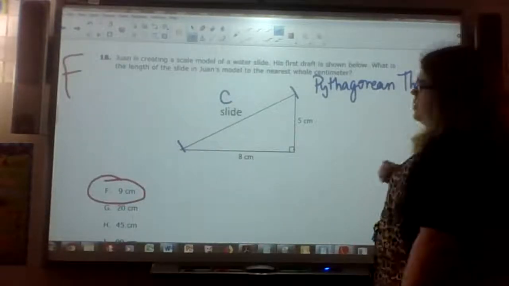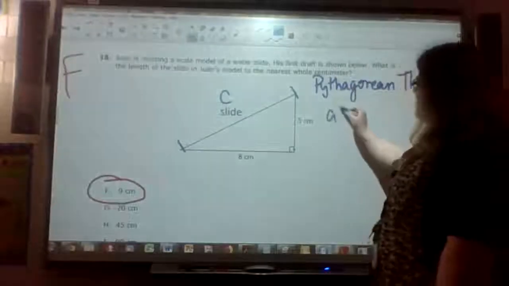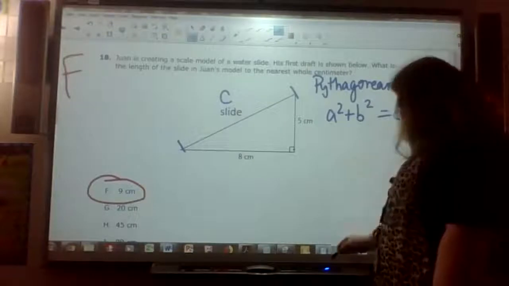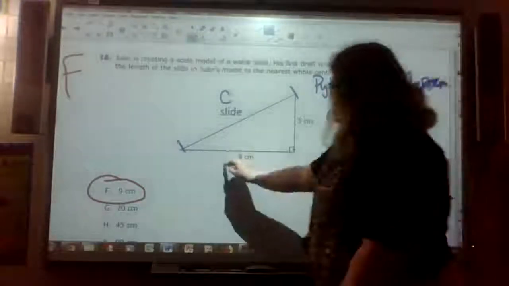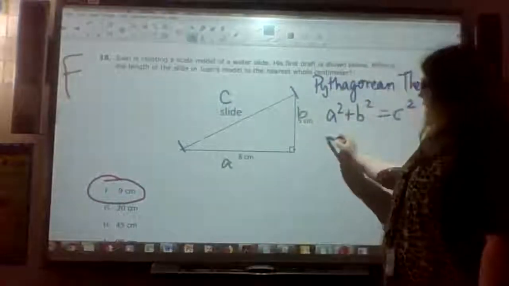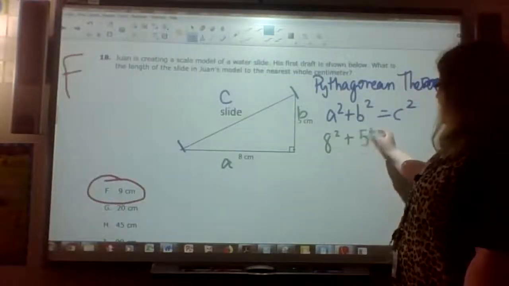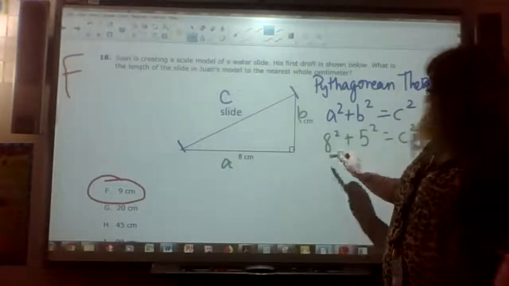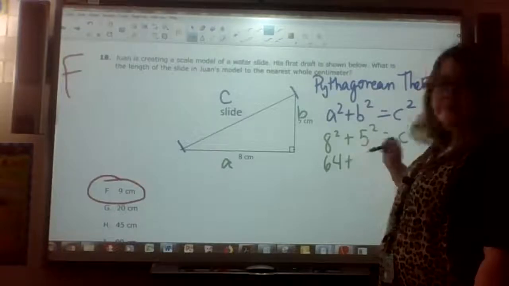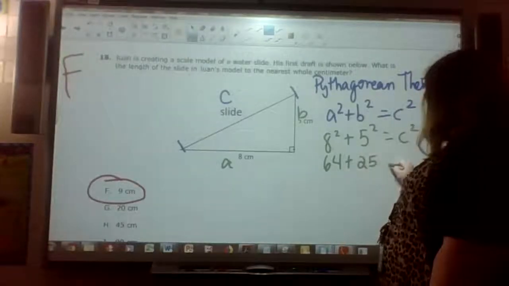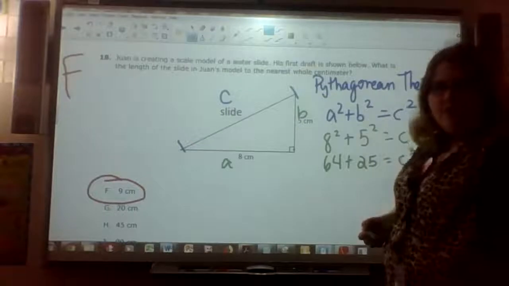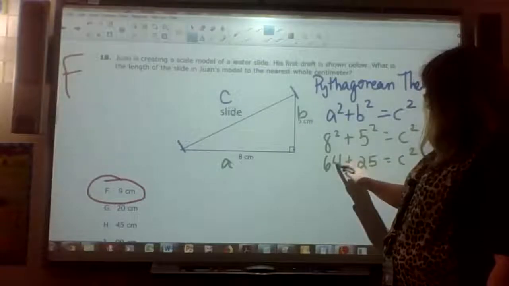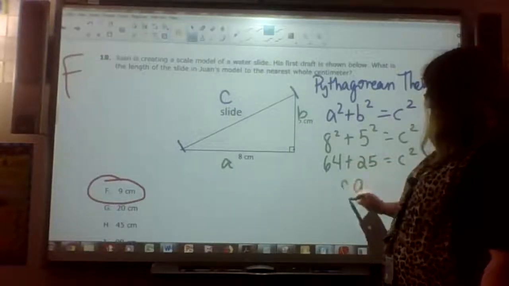Theorem. Okay. And what that says is A squared plus B squared equals C squared. So I take my letters A and B. 8 squared plus 5 squared gives me C squared. 8 times 8 is 64. 5 times 5 is 25. 64 plus 25 is 89.